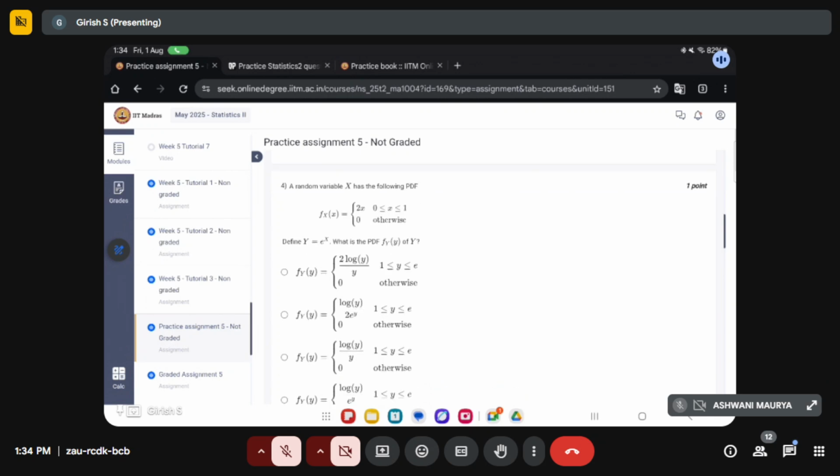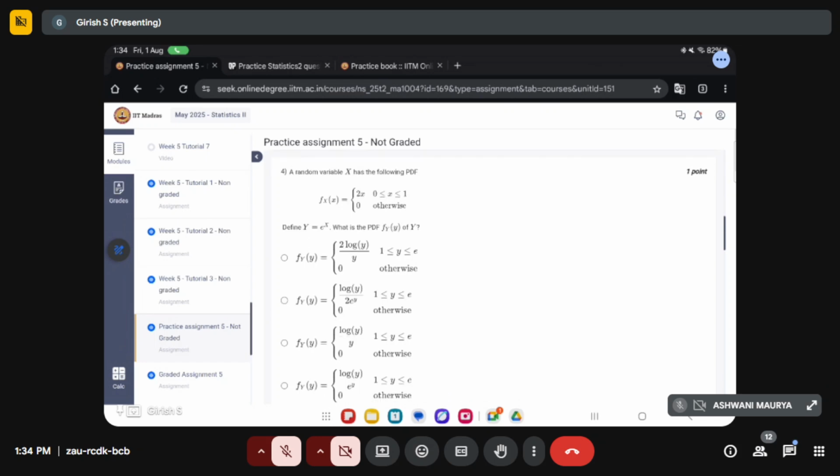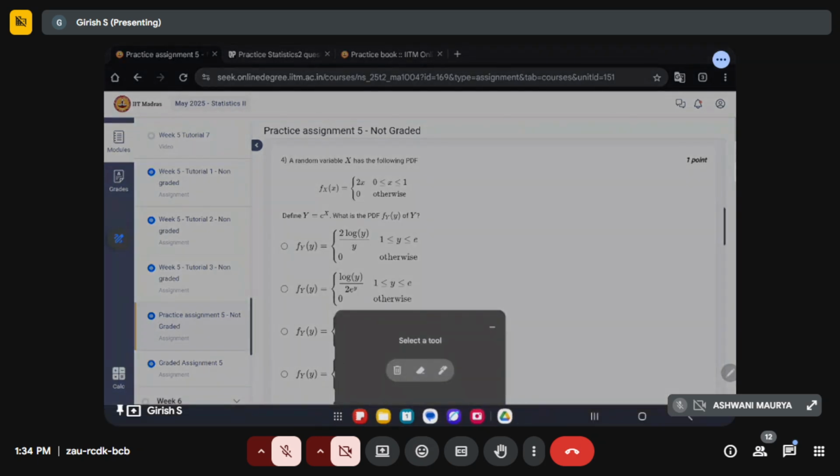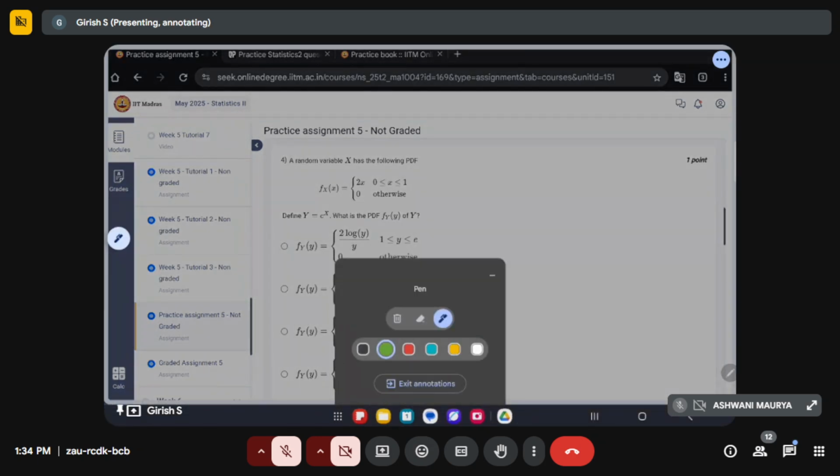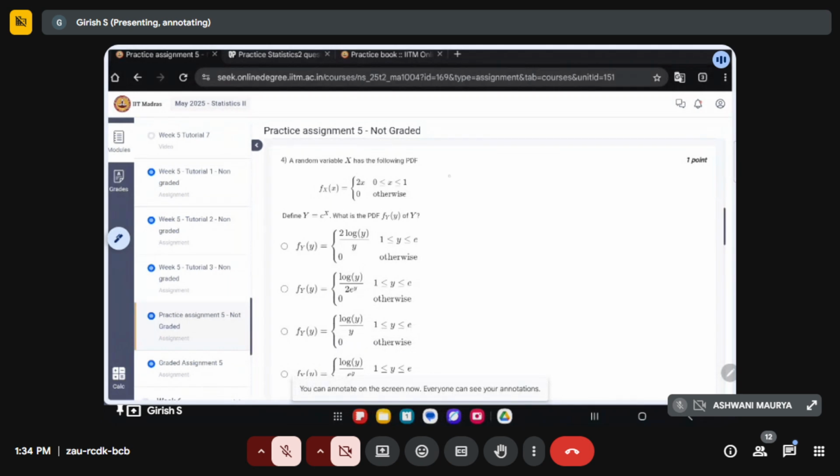Let's see this question. We are given y is equal to e power x, and e power x is a monotonic function in this range, the support of x. So can we use that formula and try this out quickly?